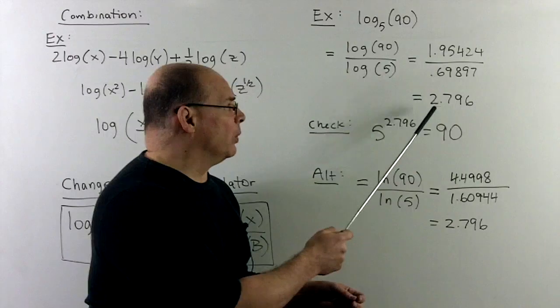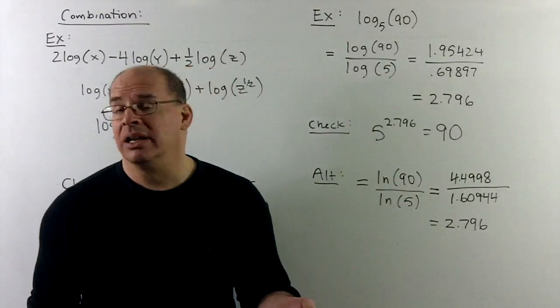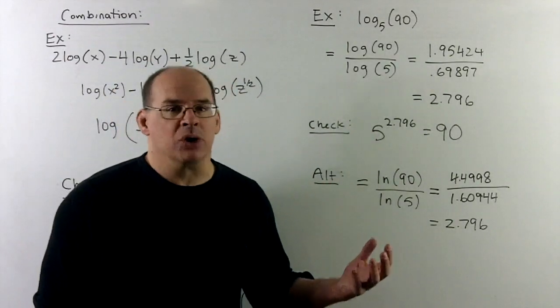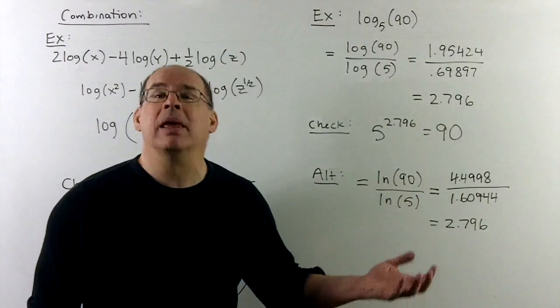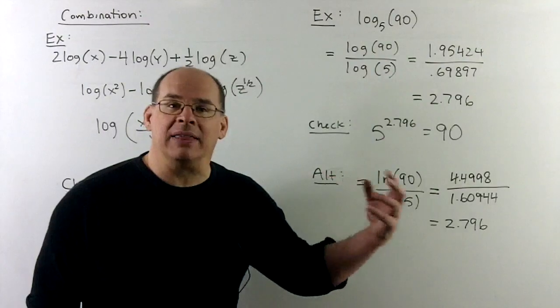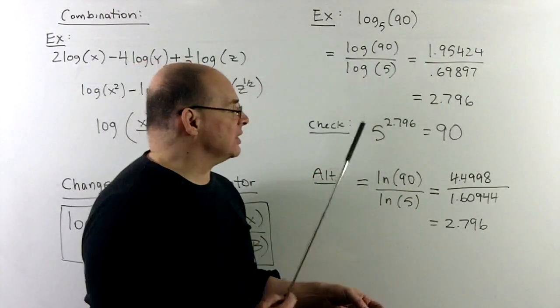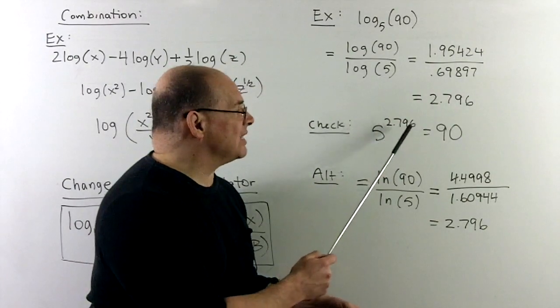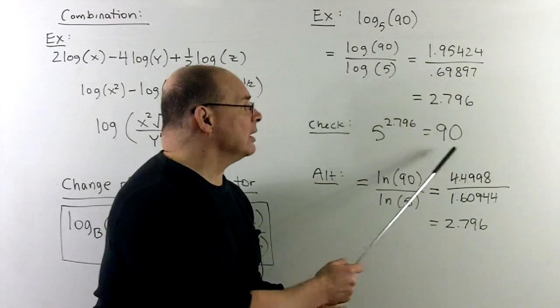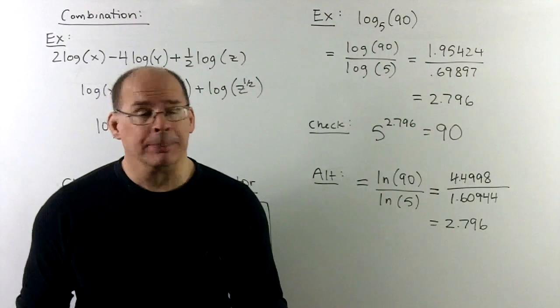That gives me 2.796. Now, those are just numbers. What do they mean? Remember, the answer that comes out of a logarithm is an exponent. I put that over the base, I get the answer, the thing inside the parentheses. So you could check, if I take 5 raised to the 2.796, that's going to come out in the ballpark of 90.